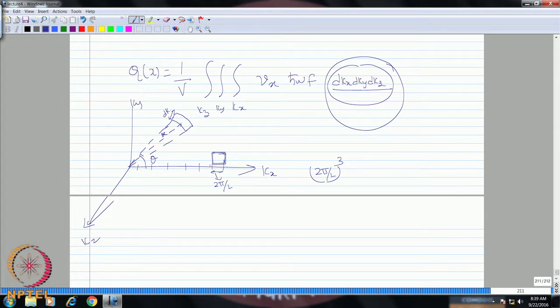And now, if you project this particular k onto the yz plane, okay, this projection will make an angle of phi with the y axis. So, this is a spherical coordinate system, right.